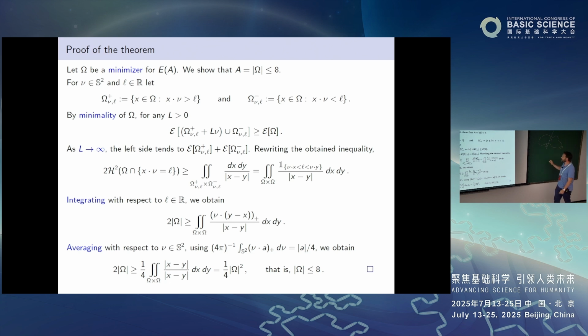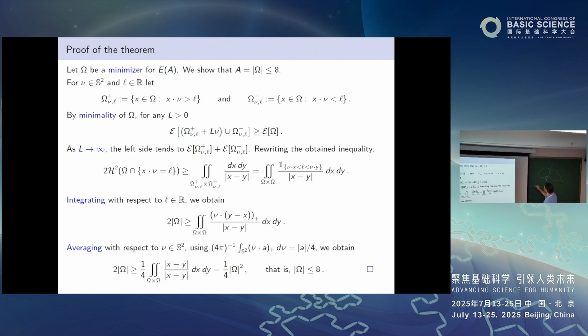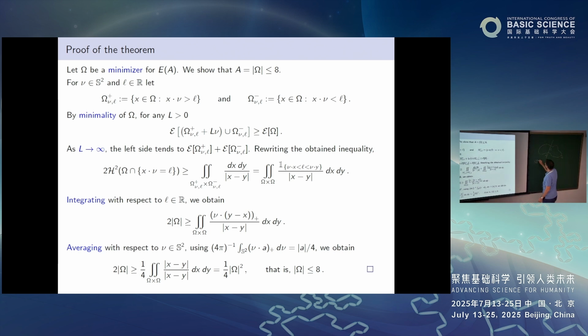And what I can do is compute my energy. Well, this is the original energy I have. And now let me write here the energy of the left and the energy of the right.